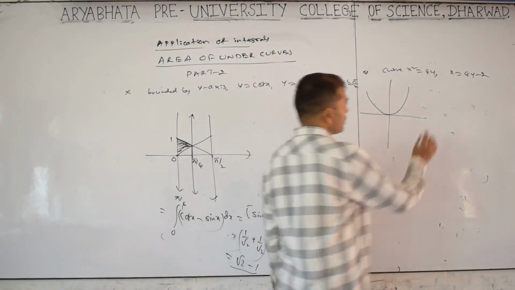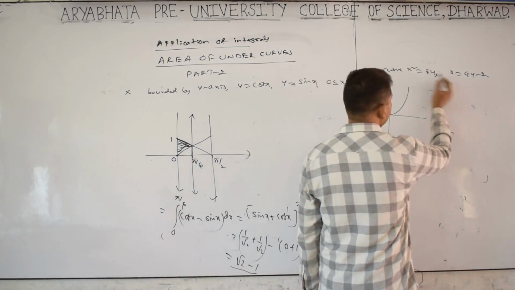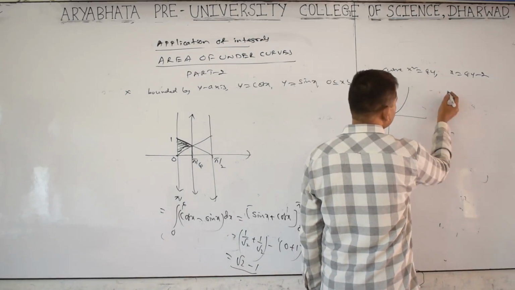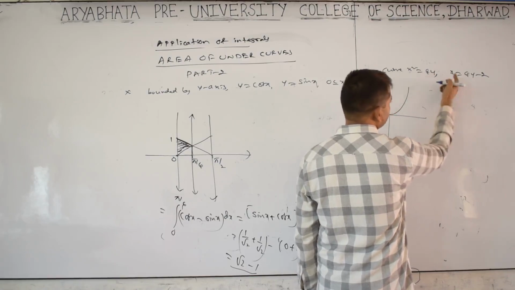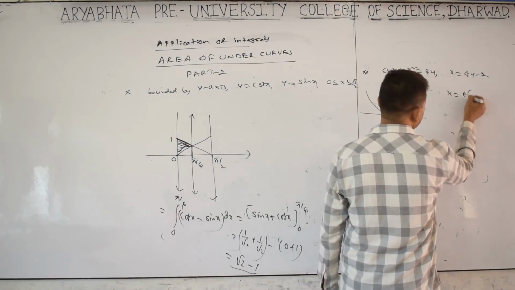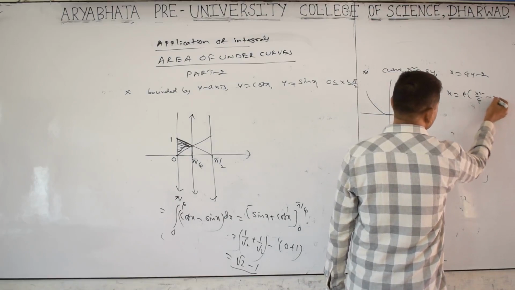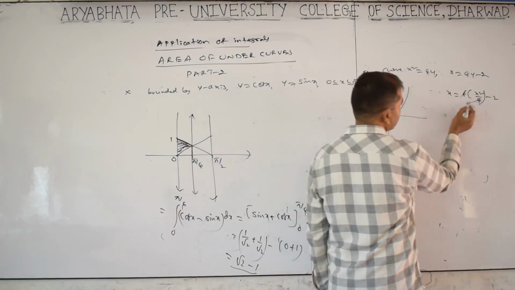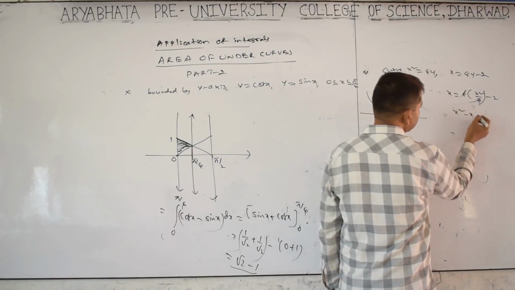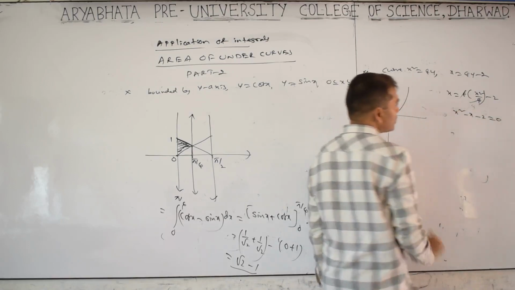First of all, we should find the points of intersection. Substitute y = x²/4 into x = 4y − 2: x = 4·x²/4 − 2, the 4s cancel, so x² − x − 2 = 0.